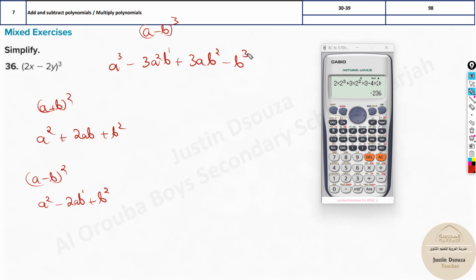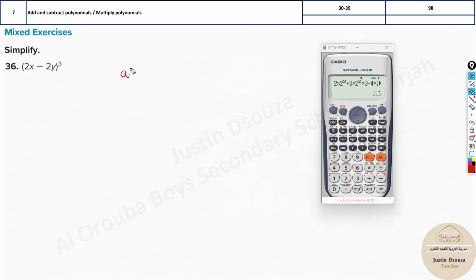So it will be minus. Odd powers will have minus. So here you must focus on b, and this is power 1, so it's minus, and this one also minus. I hope that's okay. So now let me write it again. a cube minus 3a square b plus 3ab square minus b cube.